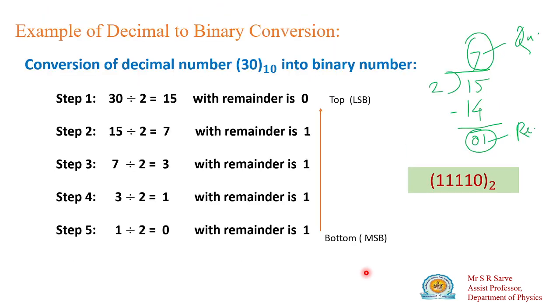So first, if the number is an integer, divide it by 2, take the quotient and remainder separately, and carry out the process until you get the quotient 0.